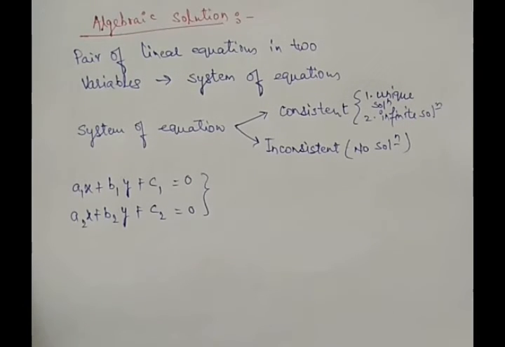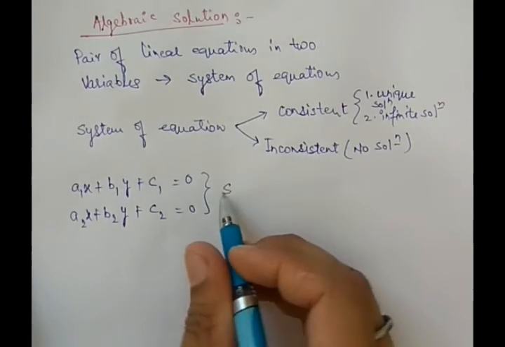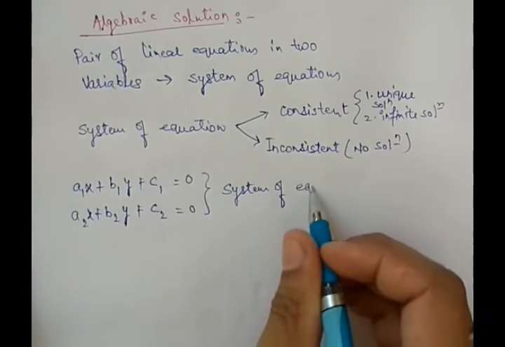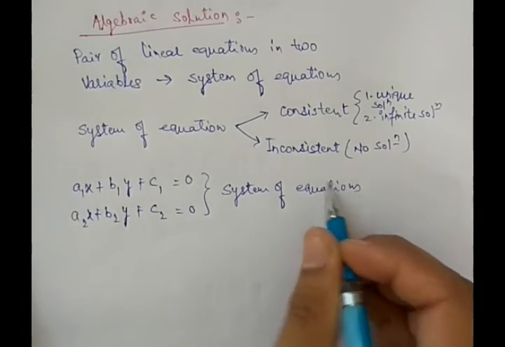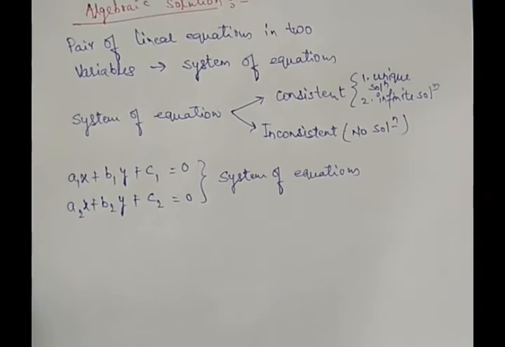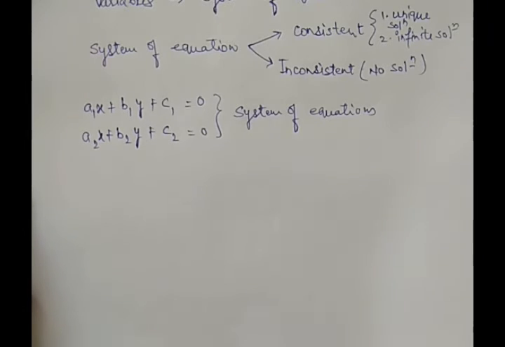Now consider a1x plus b1y plus c1 is equal to 0 and a2x plus b2y plus c2 is equal to 0. This is your system of equations. Now we will compare the coefficients and find out in which condition it will have a unique solution, infinitely many solutions, or no solution.